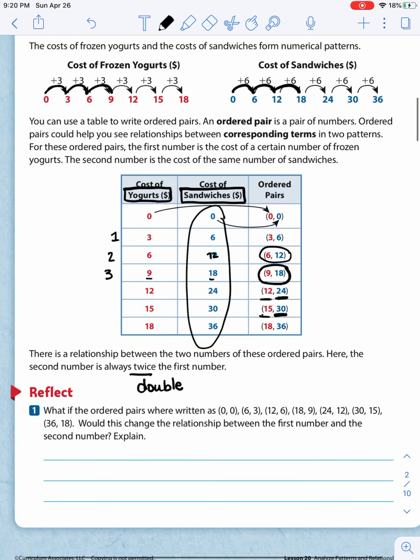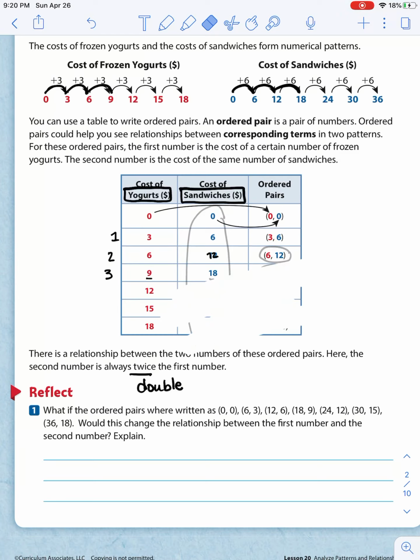All right, let's take a look at the reflect. What if the ordered pairs were written as 0, 0, 6, 3, 12, 6, 18, 9, 24, 12, 30, 15, 36, 18? I want you to take a look at that, boys and girls.